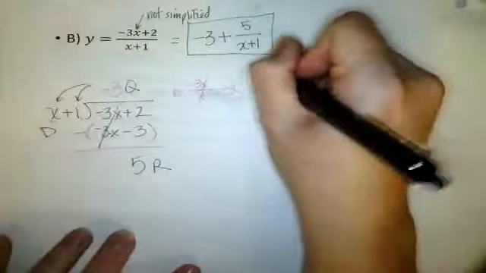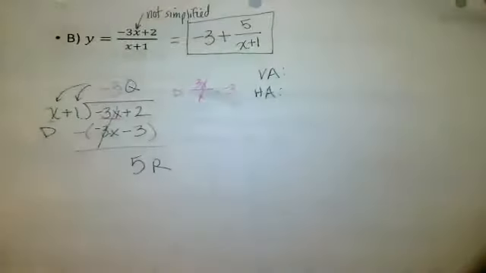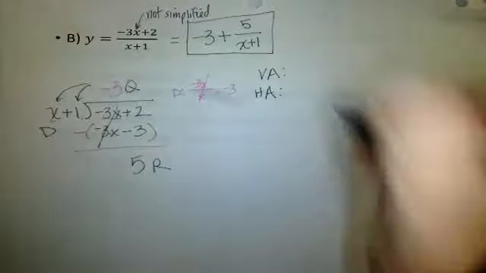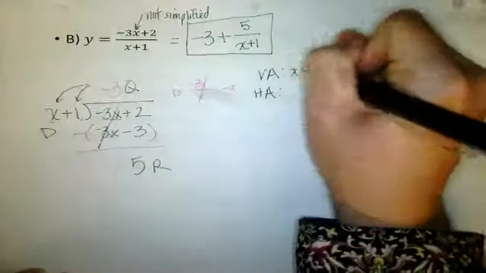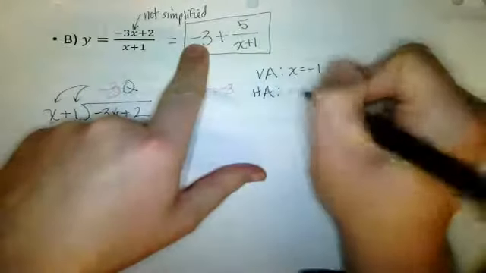And now we can write what's our vertical asymptote and horizontal asymptote. Go ahead and do that. What's our vertical asymptote? x equals negative 1. And what's our horizontal asymptote? y equals negative 3.